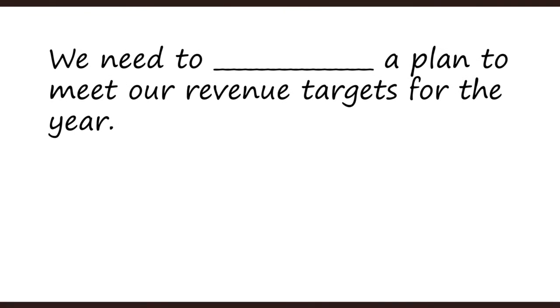If we pick up another example, this one was a word followed by the usages. A couple of other exams might have separate patterns altogether. If we talk about those separate patterns, we'll evaluate a small fill in the blank. Say, for example, we need to blank a plan to meet our revenue targets for the year.